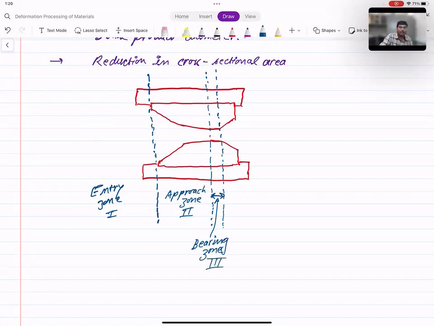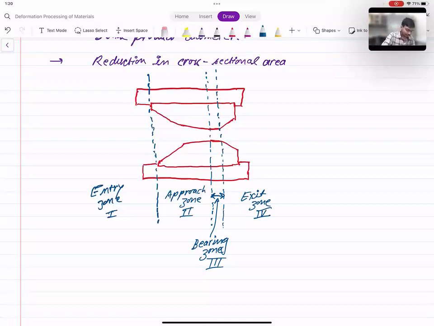And finally, the last one is the exit zone, or the fourth zone. They all have different functions to perform or different roles to play.